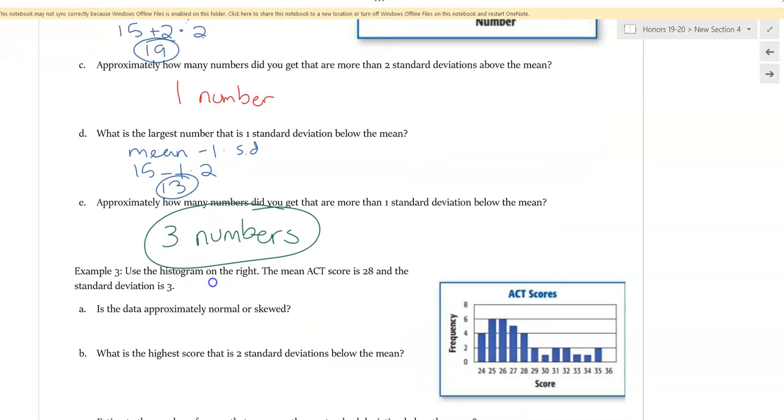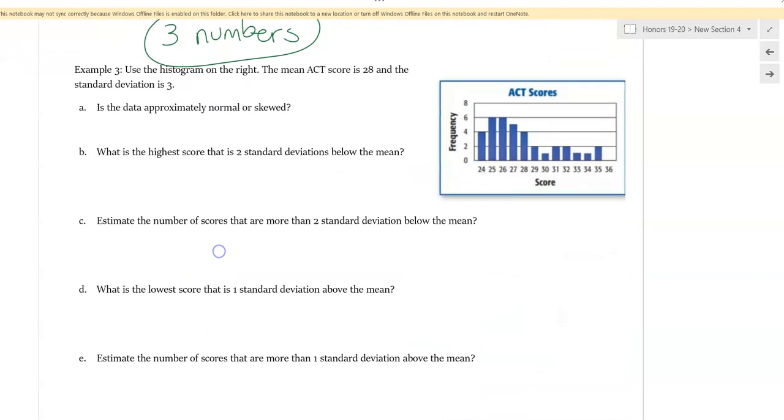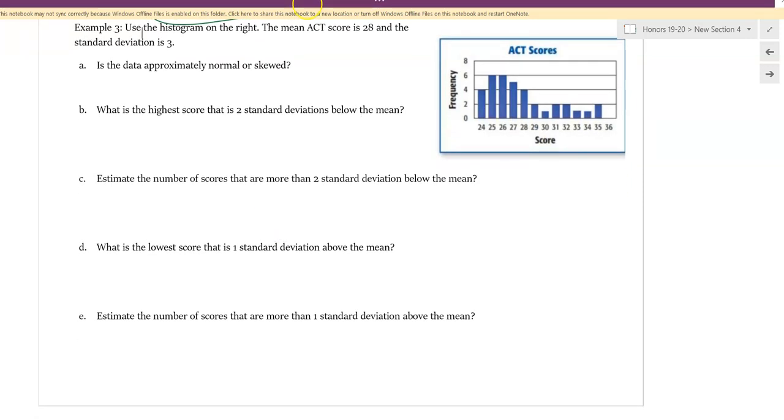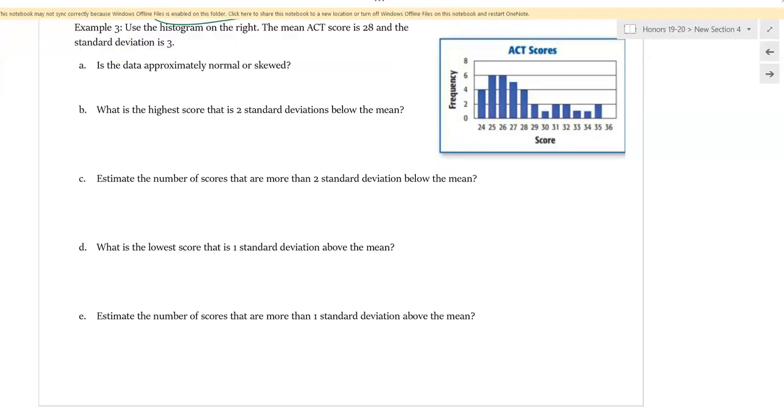All right, looking at our next example, the mean ACT score is 28 and the standard deviation is 3. Is it normal or skewed? This is definitely skewed, looking like that. The centering is over here, it's not in the center. So we can still ask these questions.